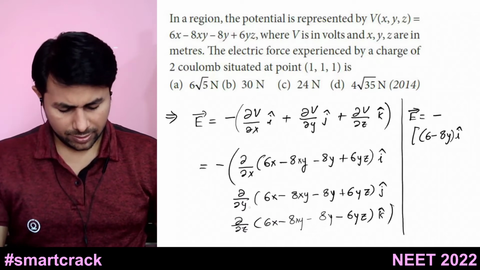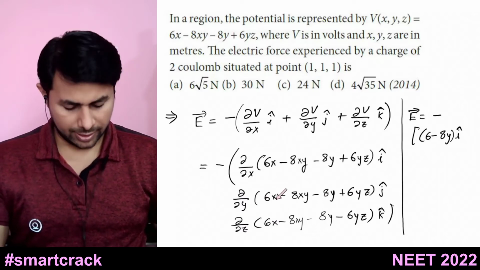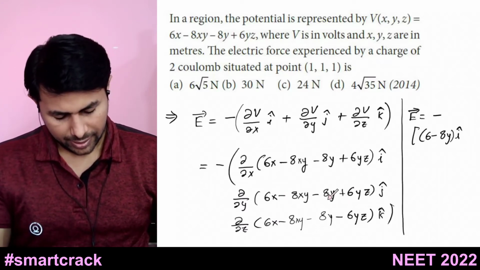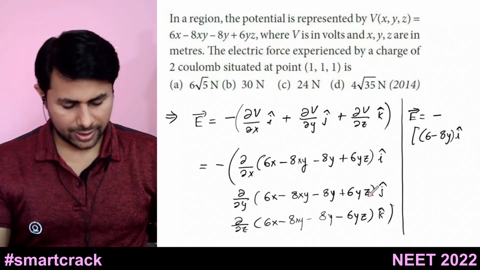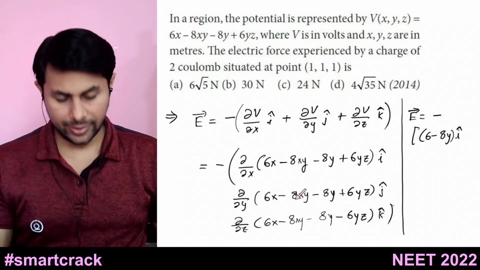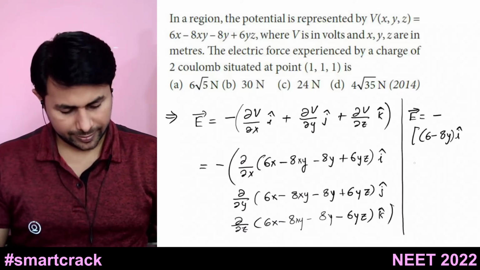Then we have the derivative with respect to y. This term is 0 because x we treat as constant. Then y is present in all the other terms. So here 8x we can take out, and the derivative of y with respect to y is 1.